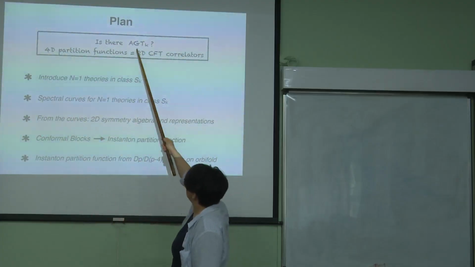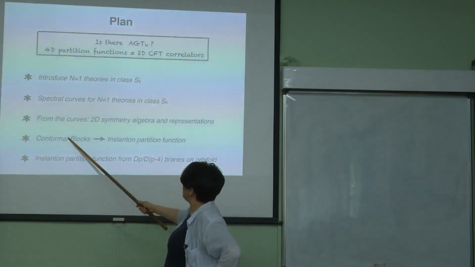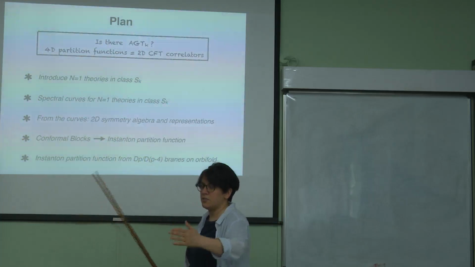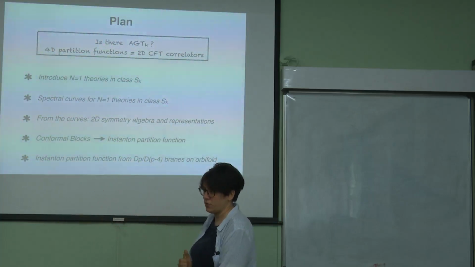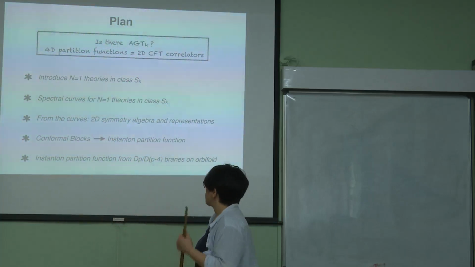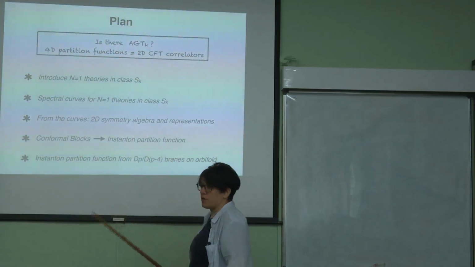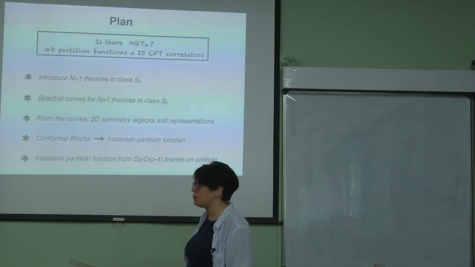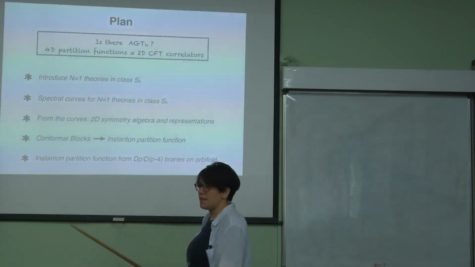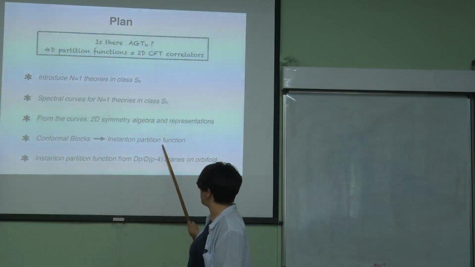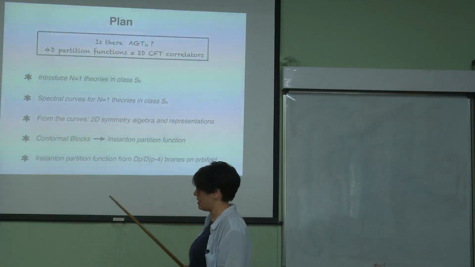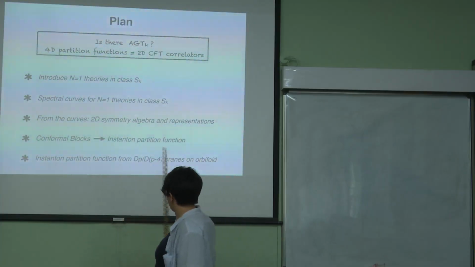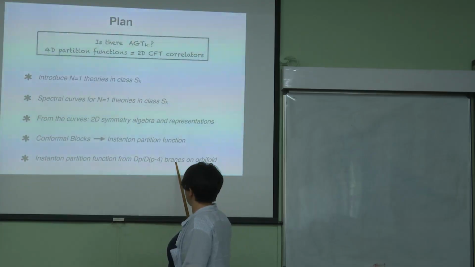And if such a thing exists, this thing gives a guess for what should be the instanton partition function. So it's just a formula, you write it down. You are not 100% sure if this should really mean something or not, but you write it down. Then you need another independent calculation to try to see if this thing that you wrote down makes any sense. And this will be the next step that we will try to take.